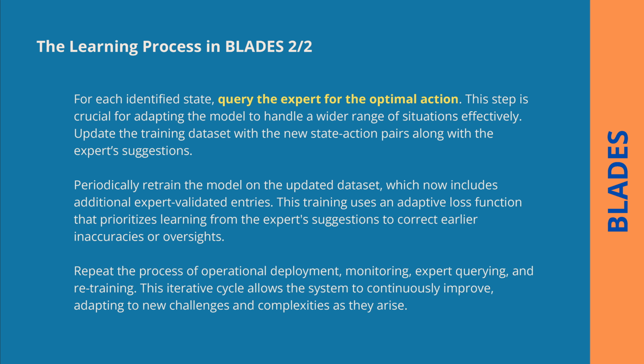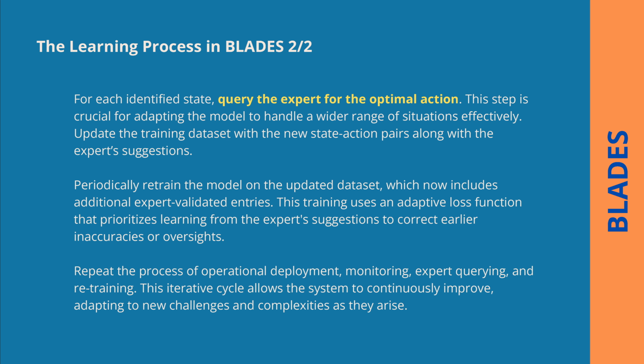It updates the training data set with new state-action pairs. You do this continuously, periodically retraining the model on the updated data sets, which now include the additional expert-validated data entries. You have the same cycle, with an adaptive loss function, you notice.